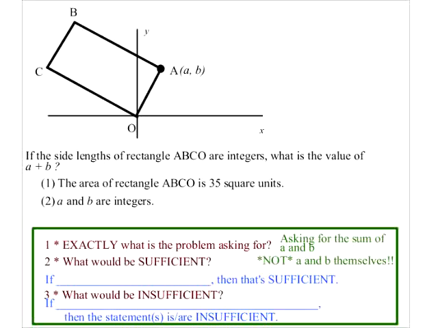Like what exactly do we need to be sufficient in this problem? To know if A and B can be found? No, that's too much, because that's what we just got done saying. We do not have to find A and B themselves. And the way these problems will probably work is you probably won't be able to find them. But you might still be able to find the sum.